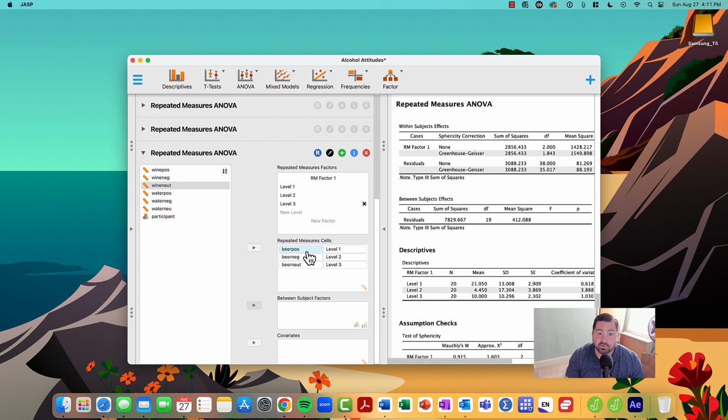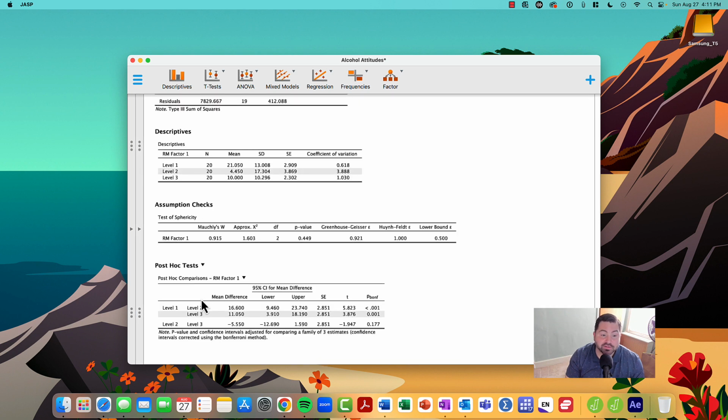Here we saw that level 1 was a positive image of beer, level 2 a negative image of beer, and level 3 a neutral image of beer. So when we compare these post hocs and we see that level 1 versus level 2 is significant, that tells us that a positive image of beer gives us a different attitude about beer compared to a negative image. And similarly, when given a positive image of beer compared to a neutral image of beer, we see once again that there's a significant difference in that way.